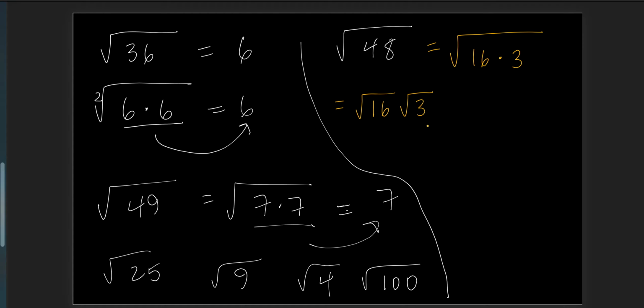Square root of 16 times square root of 3 is the same thing as putting it under one radical, as long as it's multiplication, because this represents 48. So I know the square root of 16 part is 4, so I'm going to replace that with 4. Square root of 3, I can't simplify, so that's it. 4 root 3, or 4 square root of 3. Square root of 48 reduces to 4 square root of 3.